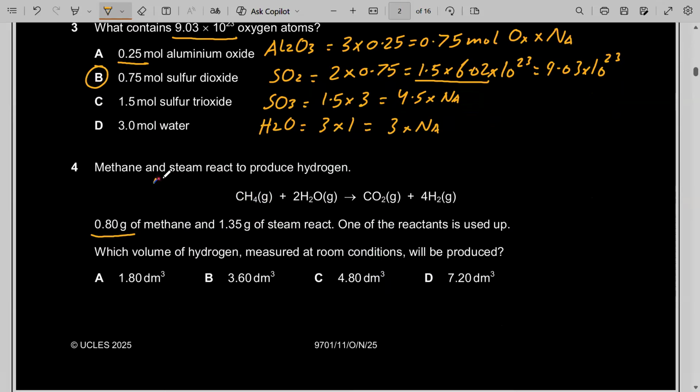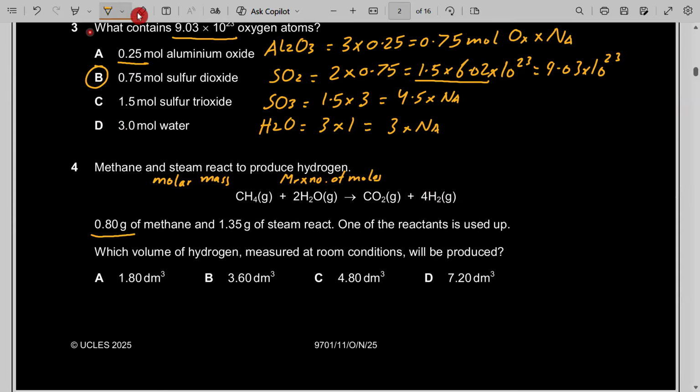So molar masses for the substances mentioned, one is methane, the other one is steam, and the third one is hydrogen. Molar mass, as you know, is basically the Mr multiplied by the number of moles. So multiply Mr of the molecule with the number of moles. That will give you the molar mass.